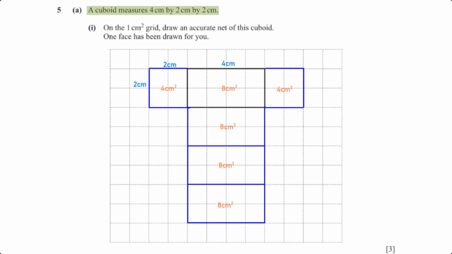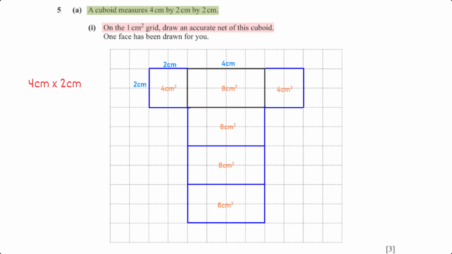A cuboid measures 4 centimeters by 2 centimeters by 2 centimeters. On the 1 centimeter squared grid, draw an accurate net of this cuboid. One face has been drawn for you. A cuboid has 6 faces. In this case, 2 of the faces would have the dimensions 4 centimeters by 2 centimeters.